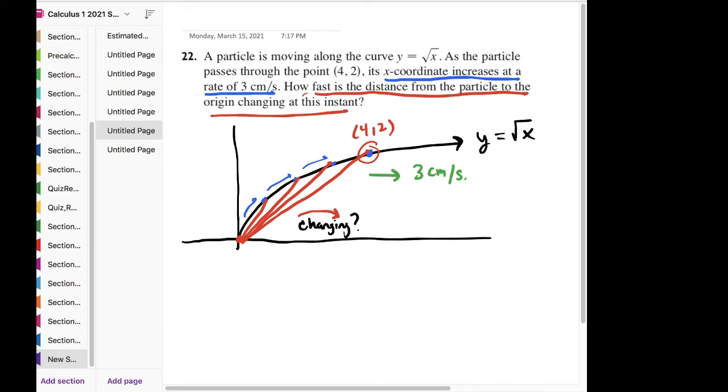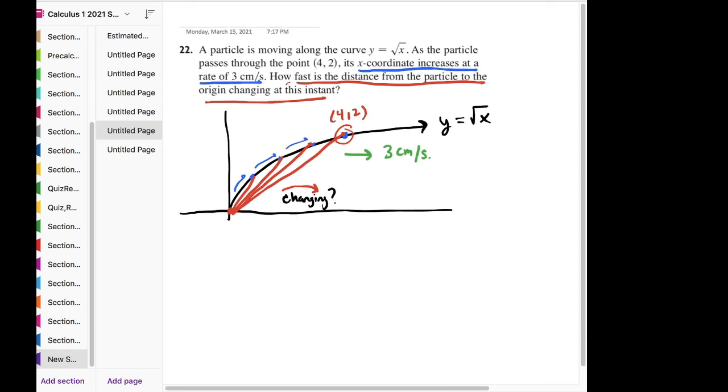Okay, so what is the blue? What is that as a math word? Its x-coordinate increases at a rate of 3 centimeters per second. What math symbol can we express for that?